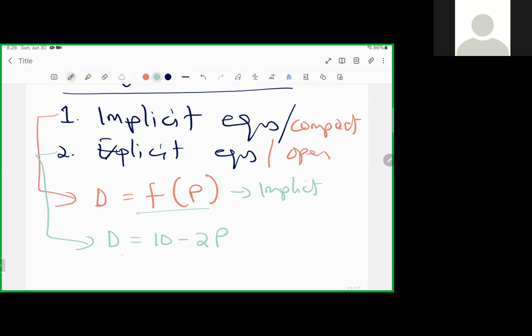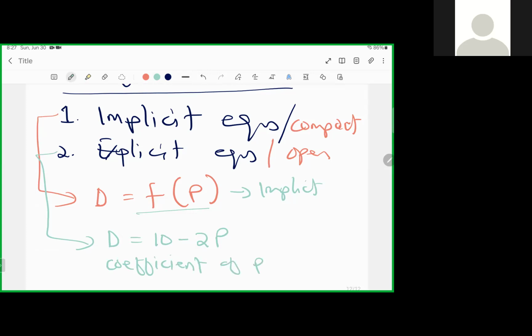So what we have now done is written this implicit equation to say that the demand equation is 10 minus 2p. Remember, we are looking at the coefficient of P, or coefficient of price.